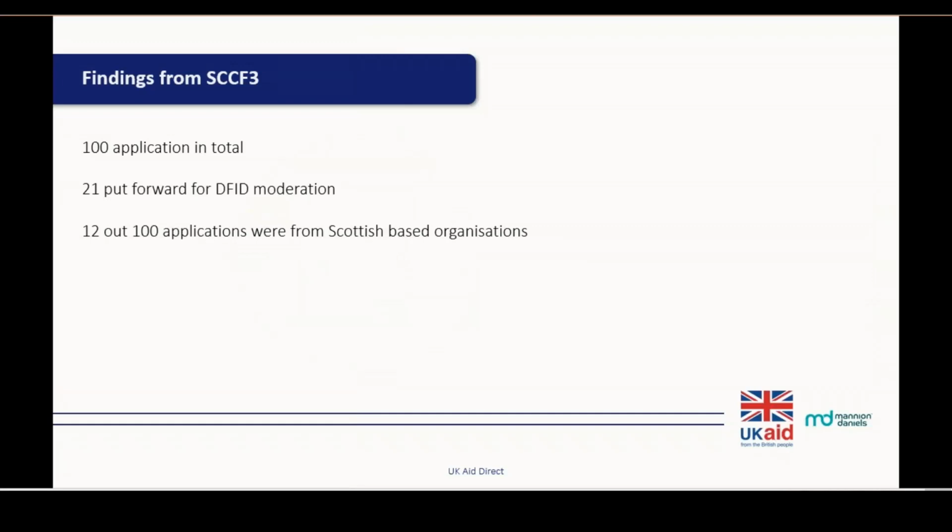And 12 out of the 100 applications were from Scottish-based organisations. We haven't made the announcement yet, so unfortunately I'm not able to tell you whether any of those 21 were Scottish-based organisations, but hopefully it won't be too long. Those organisations are going through due diligence as we speak.